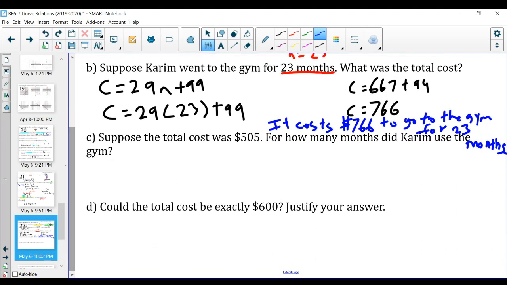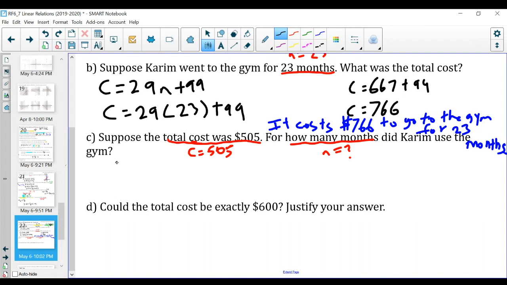So now we're going to suppose the total cost was $505. So here we're being told that C is equal to 505. For how many months did Kareem use the gym? So now we're being asked, what is N? So we're going to go ahead and isolate for N in this situation.